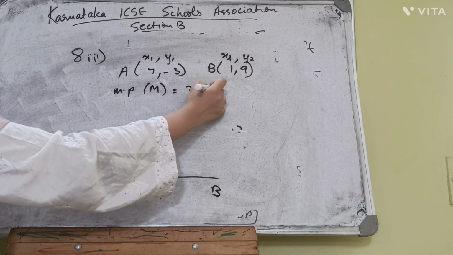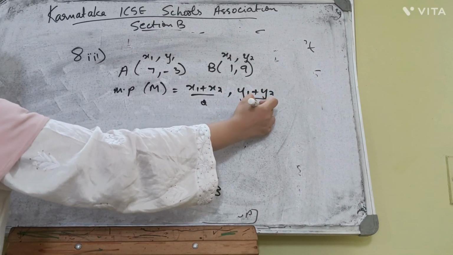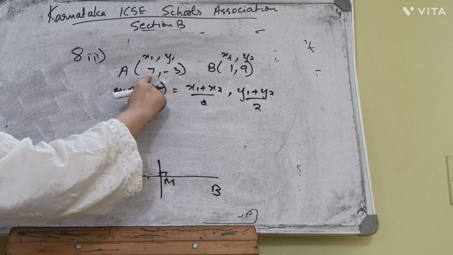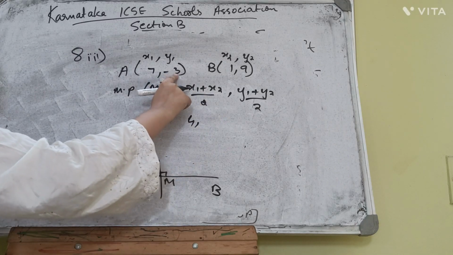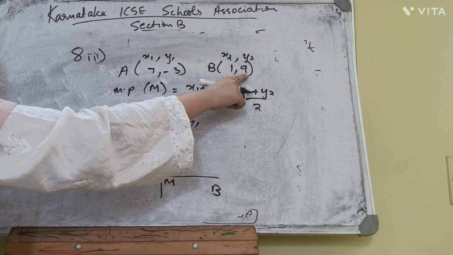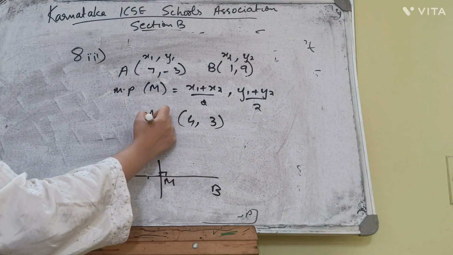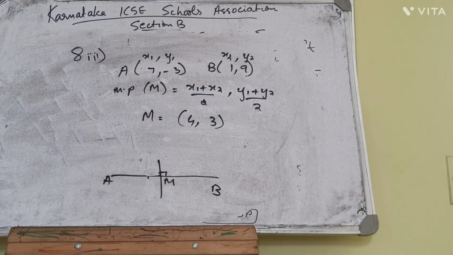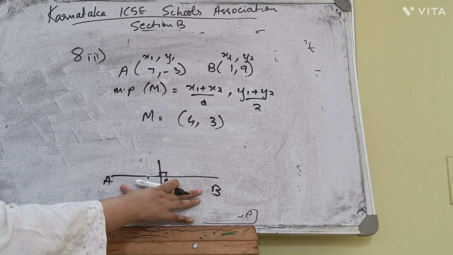Midpoint formula is (x1 plus x2) by 2, comma, (y1 plus y2) by 2. x1 is 7, 7 plus 1 is 8, 8 by 2 is 4; minus 3 plus 9 is 6, 6 by 2 is 3. The coordinates of M are 4, 3. That's our midpoint. Now we need to find the equation of this particular line.